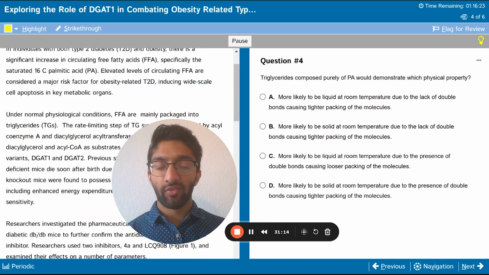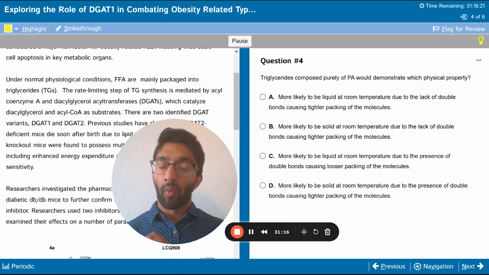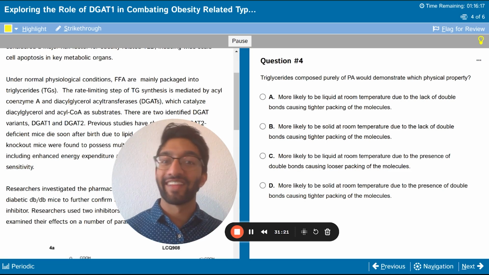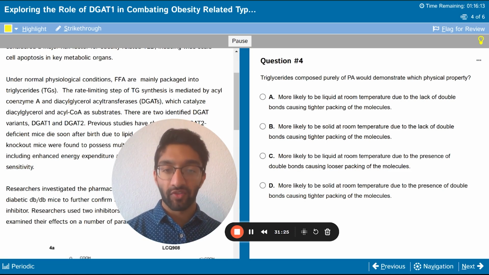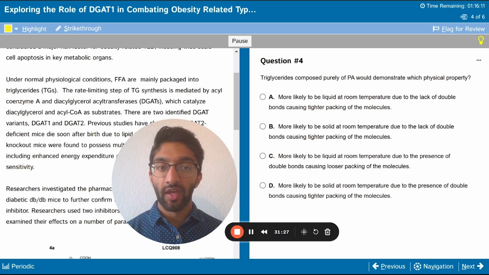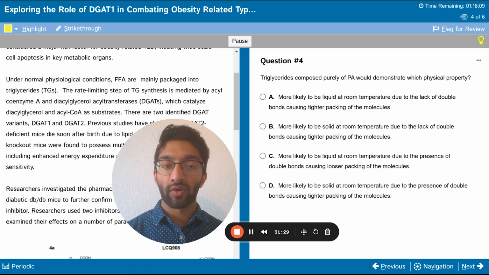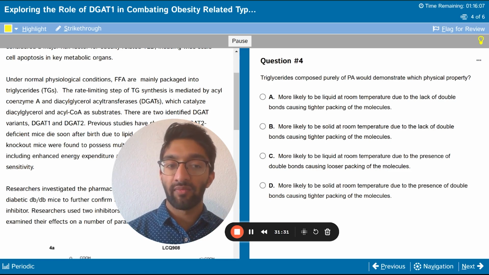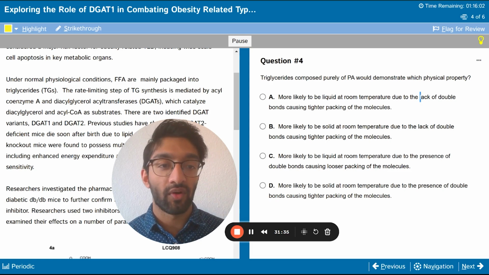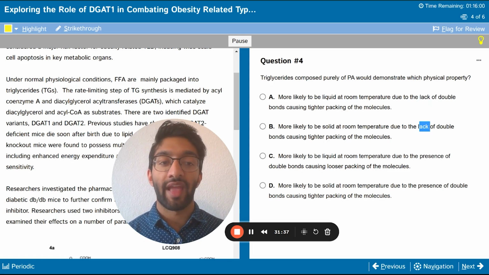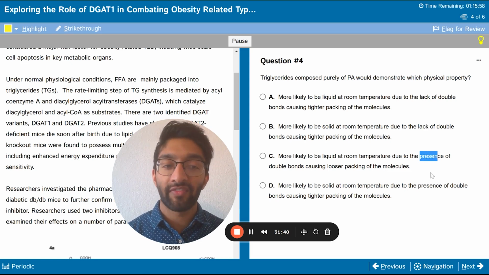Saturated. And this is really important because the test really likes to examine saturated versus unsaturated fatty acids, because the key difference between these two molecules is that unsaturated fatty acids have double bonds. That's another thing you can use to answer the question: do they lack double bonds or do they have double bonds?